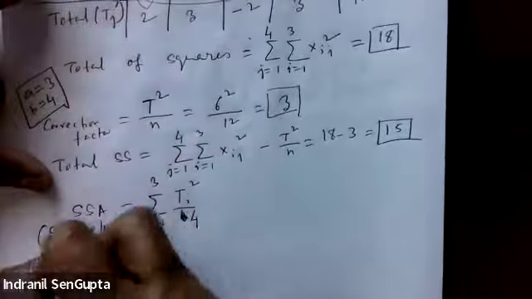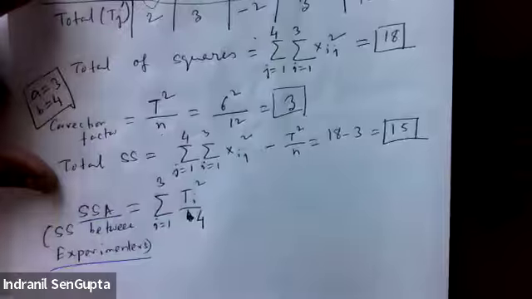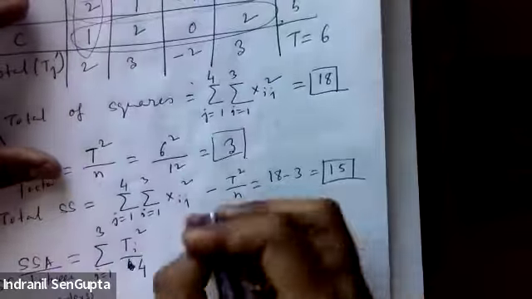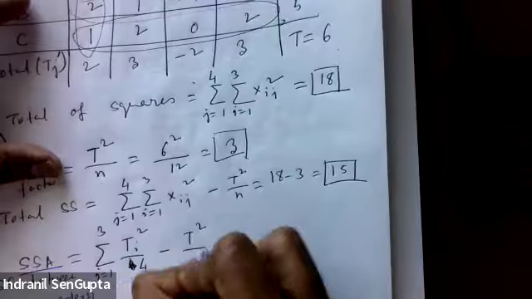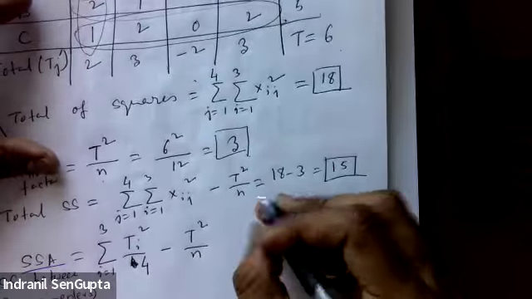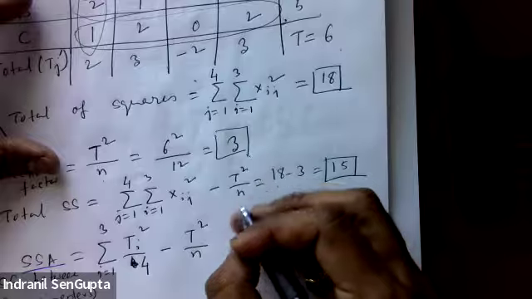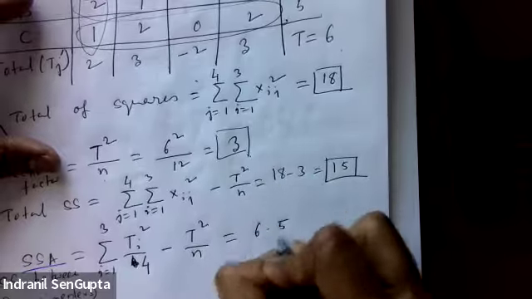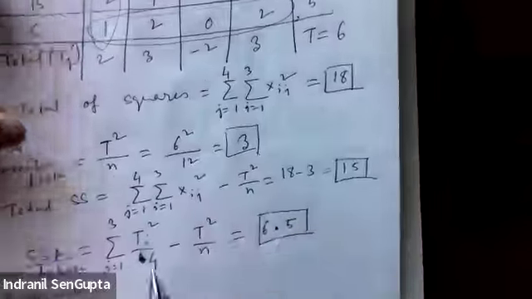All right. So SSA, or the sum of squares between the experimenters, is going to be this quantity minus t squared over n. If you compute this, it is going to be 6.5. You can check. It's very easy computation.